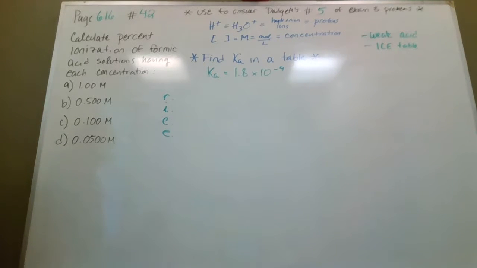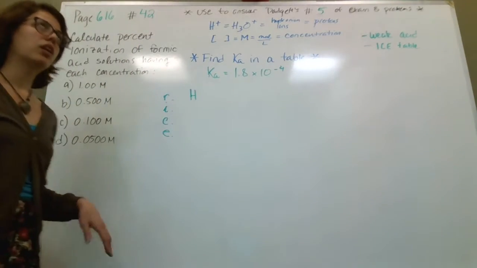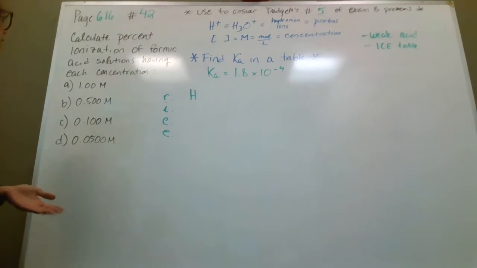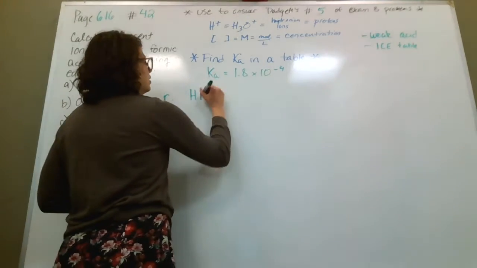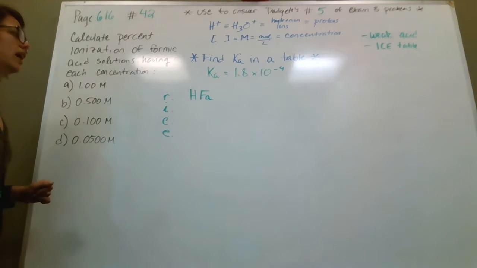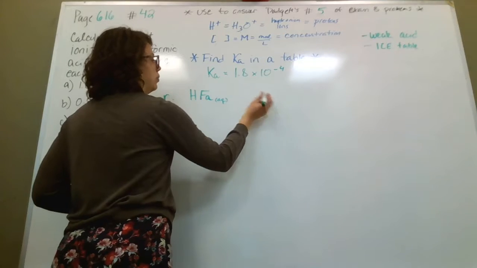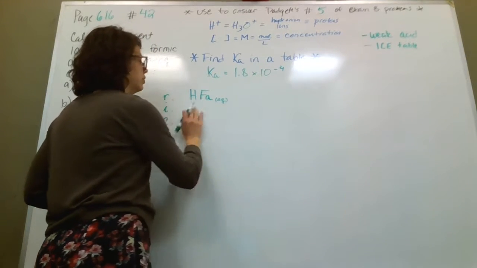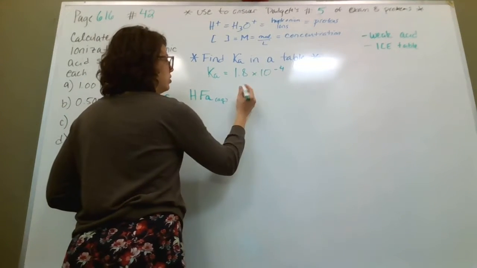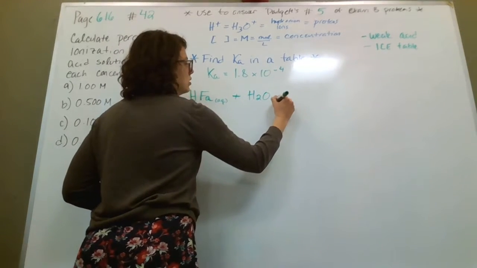Well, we know that an acid will give away a proton. So I'm just going to write that proton right in the front, and I'm going to abbreviate formic acid with FA. This is my formic acid. It's going to be aqueous, because typically acids and bases are in aqueous solutions, aqueous meaning it has water.